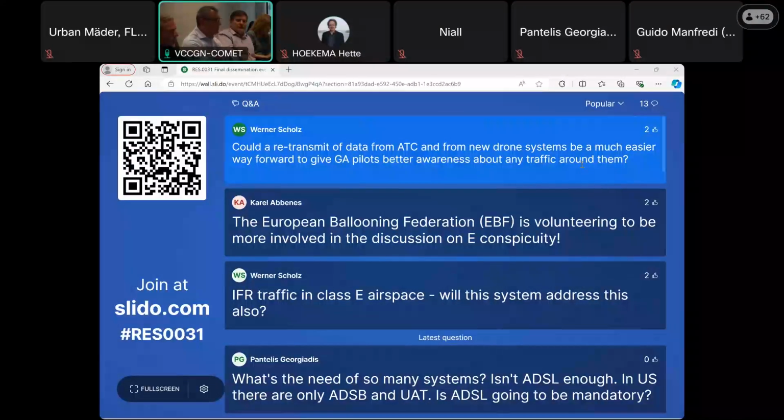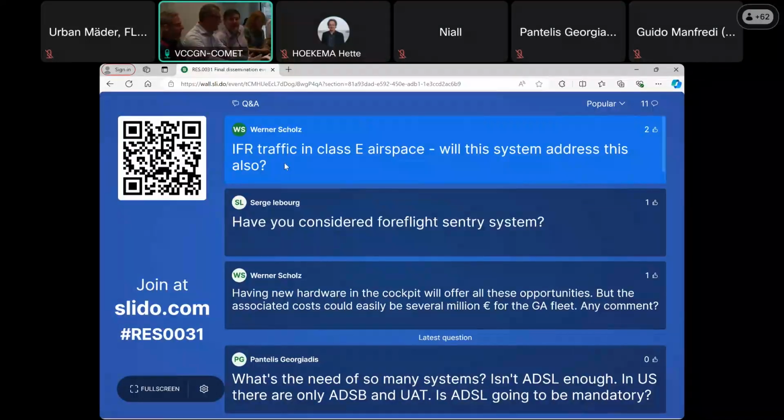This is now again from Werner. It's IFR traffic in class E airspace. Will this system address this also? Well, I think the conspicuity doesn't have to do with the airspace usage because the visibility is still there. And if the IFR traffic is using Mode S or ADS-B, then you can see it. And the other way around, it's the same thing.